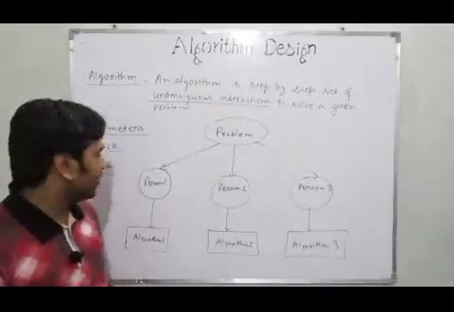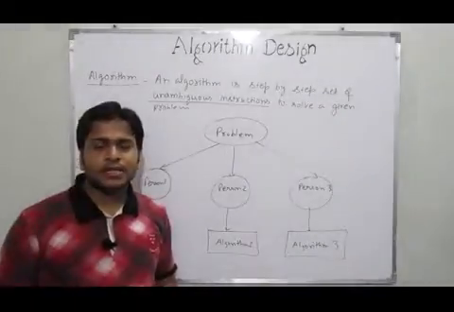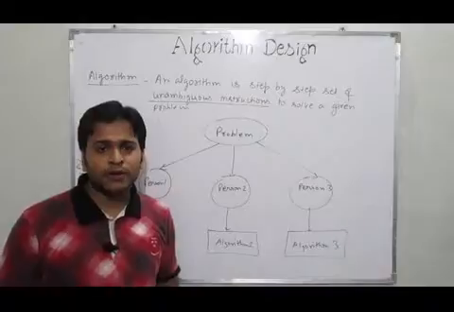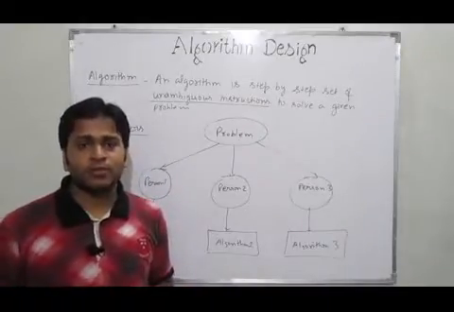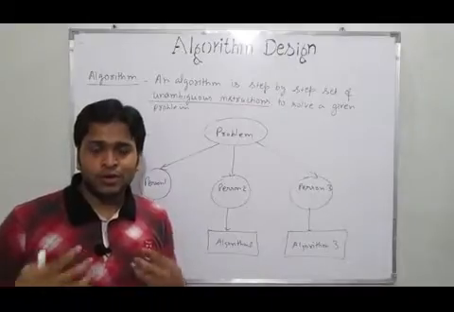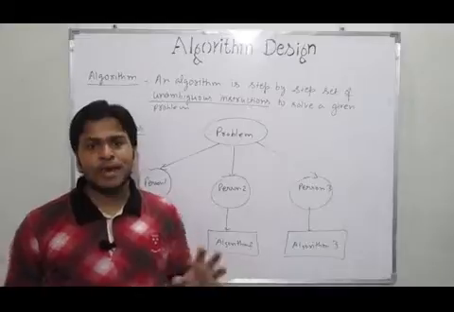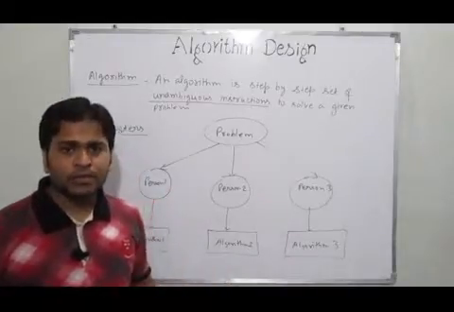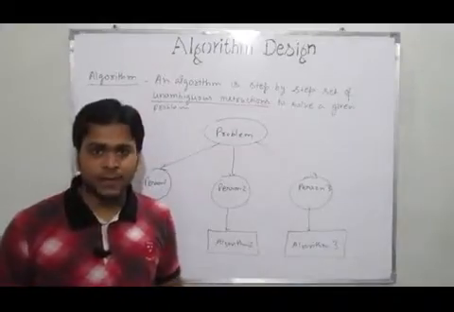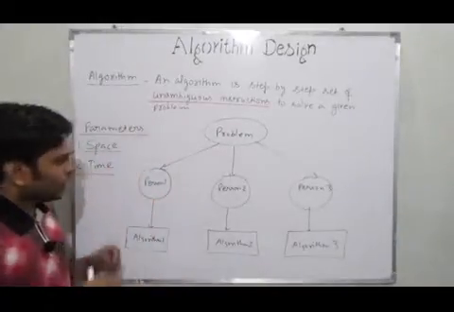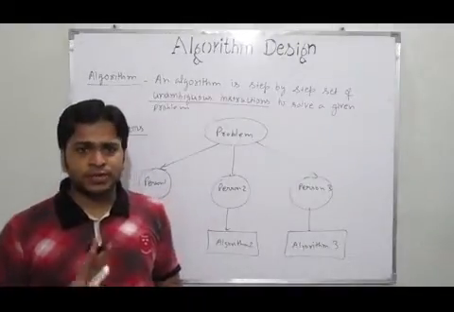And the time as a parameter defines how much time would be required for a given program obtained from the algorithm to solve a particular problem on the system. With respect to these parameters, we define whether an algorithm is best or worst. So in the entire discussion of algorithm design, we have to discuss 3 things.